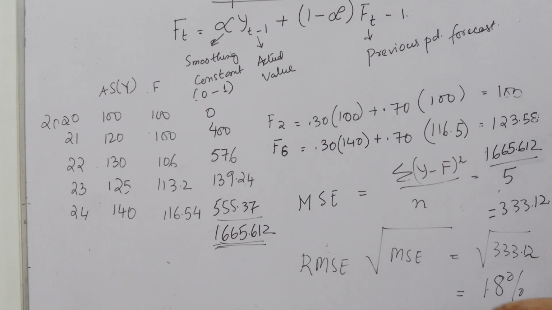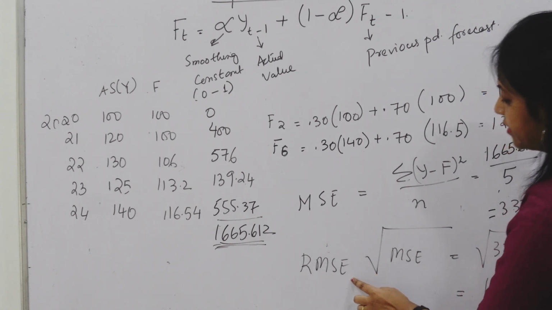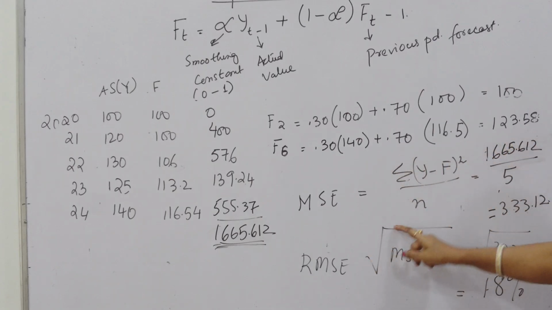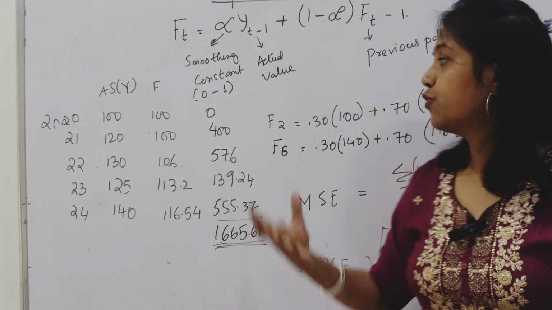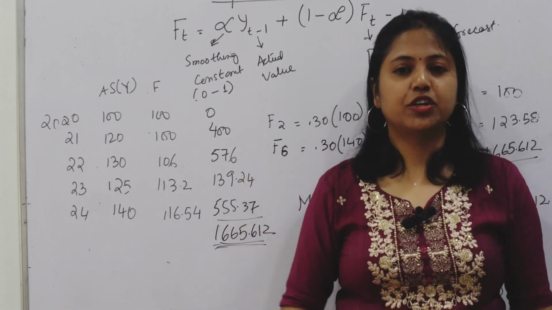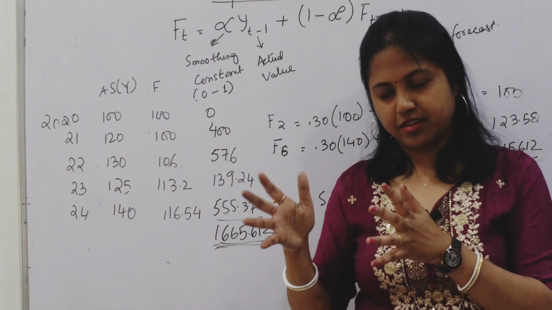But there is another measure, we call it RMSE, that is the root mean squared error. Now what does this mean? You just take the square root of this. The square root will tell us the degree to which your forecasted value may not become true, the degree to which there is a variation between the actual and forecasted.